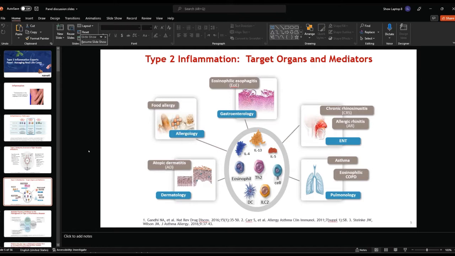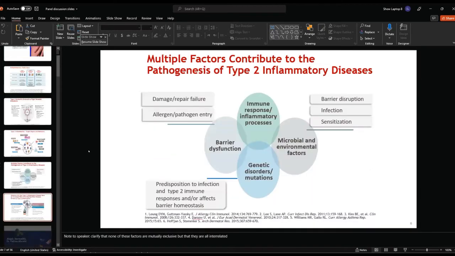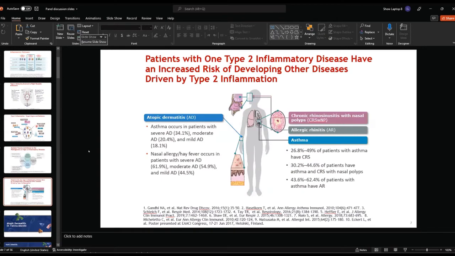Now, most of you would know that patients with one type 2 inflammatory disease have an increased risk of developing other diseases driven by type 2 inflammation. For example, asthma occurs in quite a substantial number of patients with severe atopic dermatitis, about 1/3 of them.